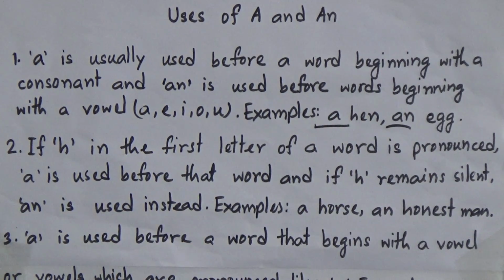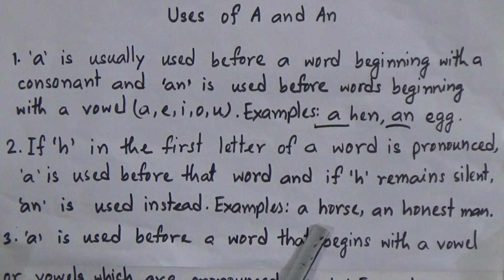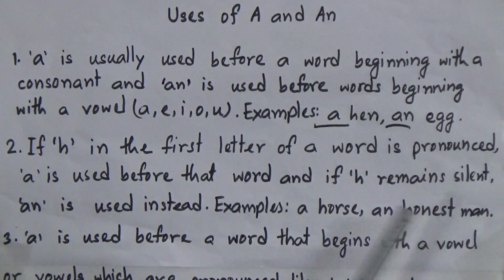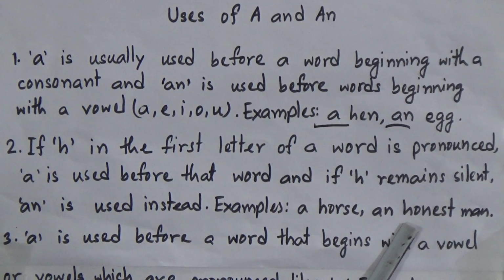Examples: a horse, where H is pronounced; an honest man, where H remains silent, so use AN.